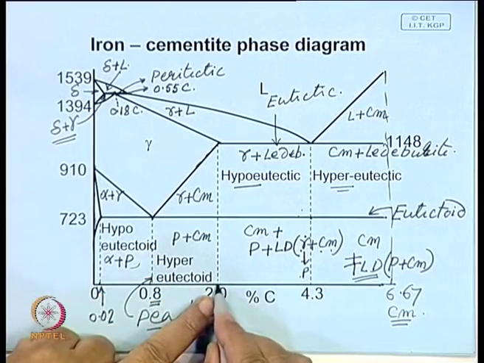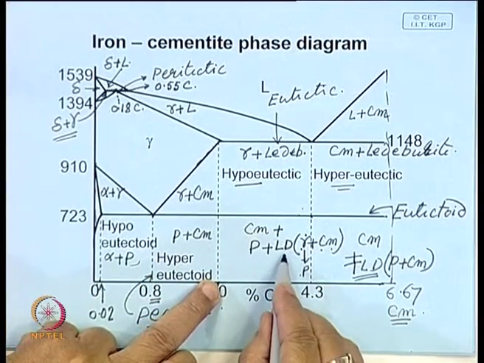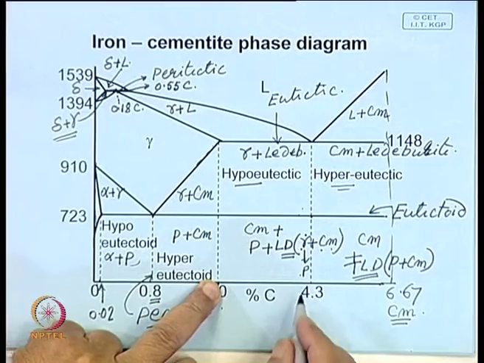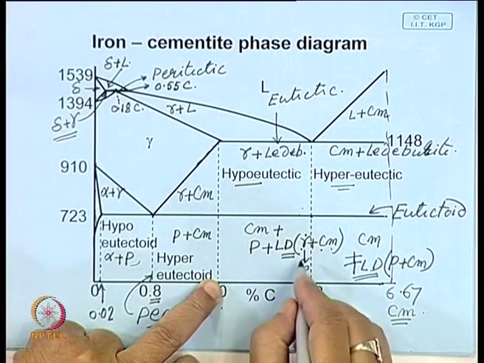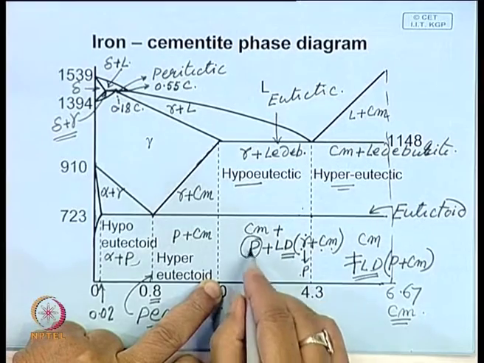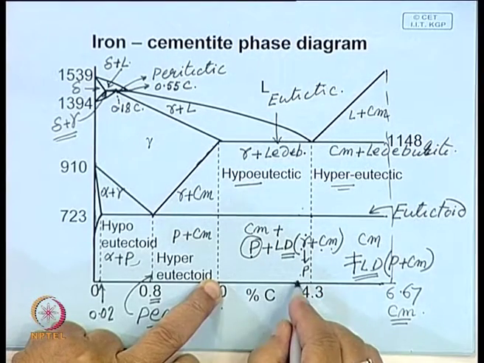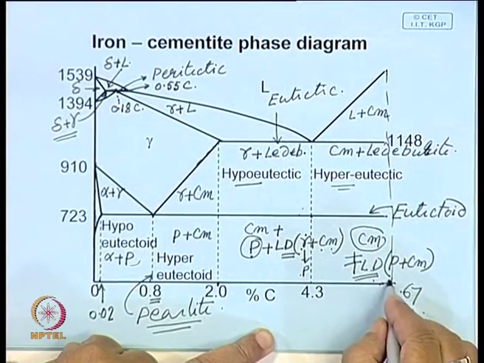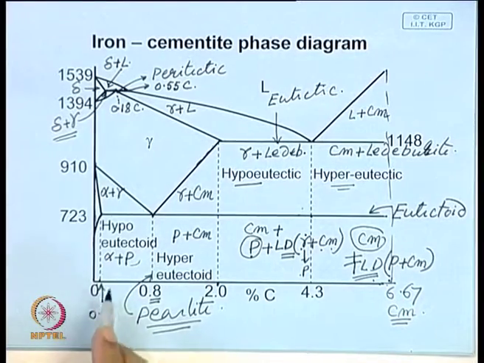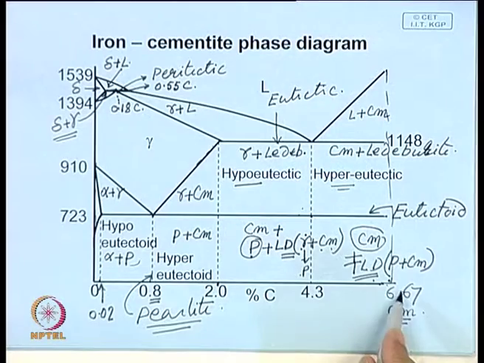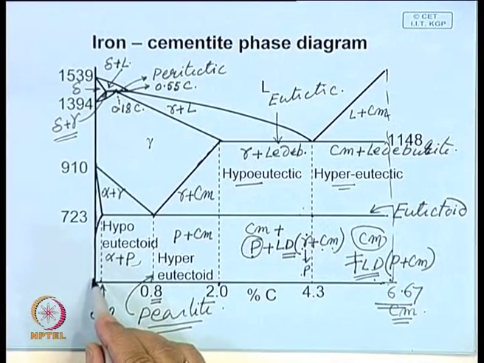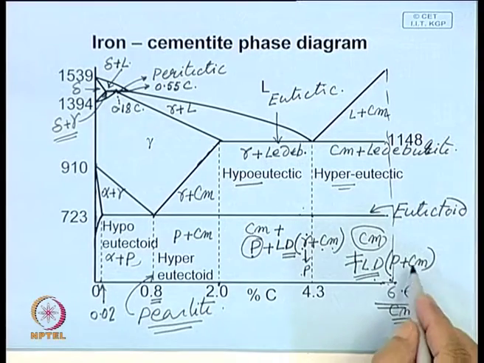When you go beyond 2%, then the transformed eutectic also will appear, and some amount of austenite which has been transformed into pearlite. And here you will get cementite and transformed ledeburite. So, that means as carbon content is changed from 0 to 6.6, you get a significant change in the microstructure, from pure ferrite, that means pure iron, to an extreme case, that is iron carbide.